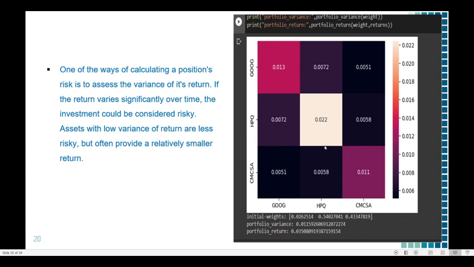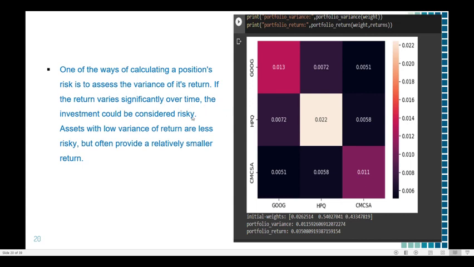It helps us determine which stock is risky, which is very risky, and which is very low risk. It tells us that an investment could be risky if the return varies significantly over time.